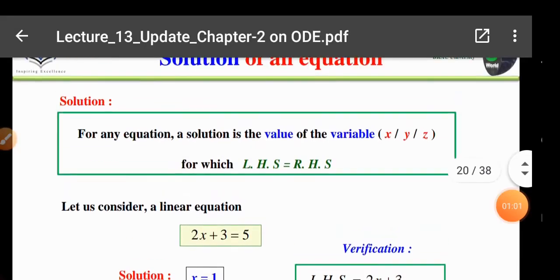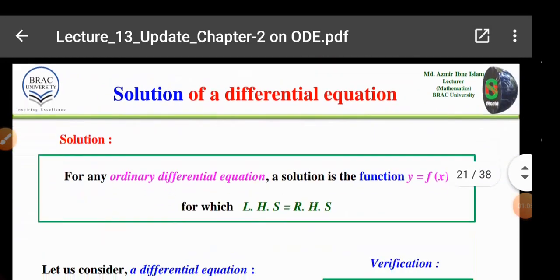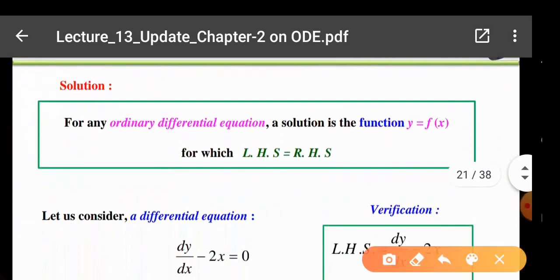So like algebraic equations, differential equations are also one kind of equation. That means it has a solution. But the only difference between an algebraic equation and a differential equation is that the solutions for algebraic equations are numbers, but the solutions for a differential equation are always functions.